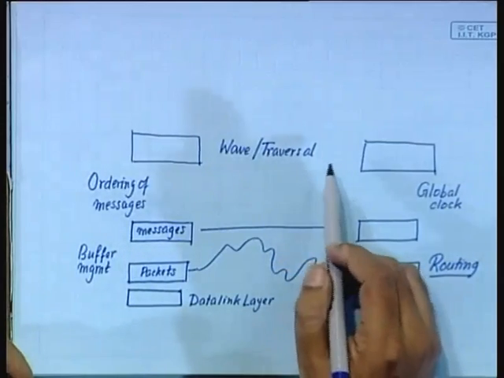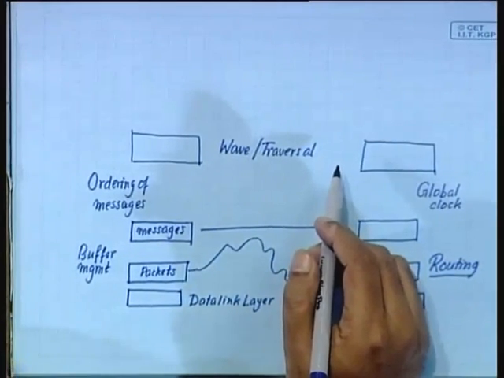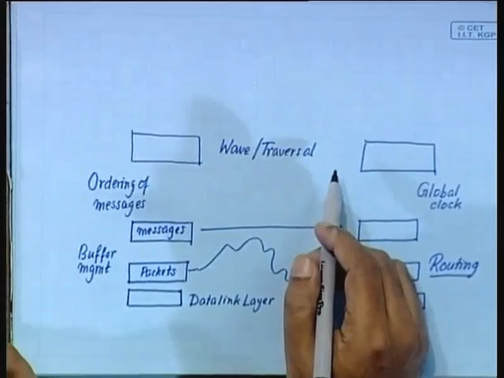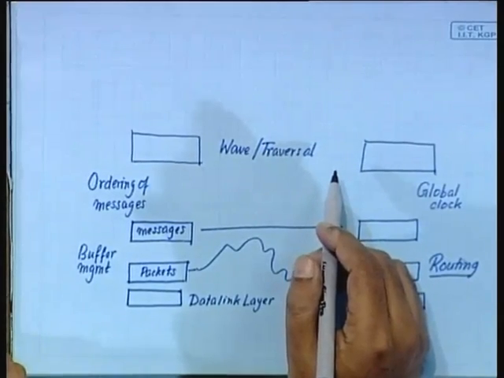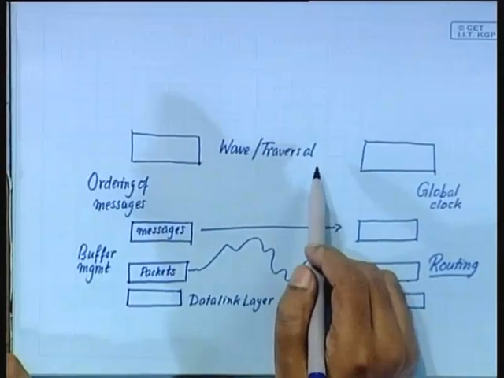Many different types of algorithms, like leader election, termination detection and constructing spanning trees, can be implemented as variants of wave and traversal algorithms.